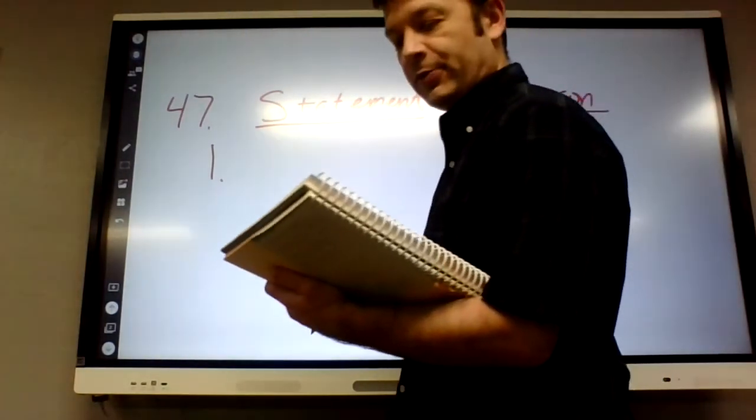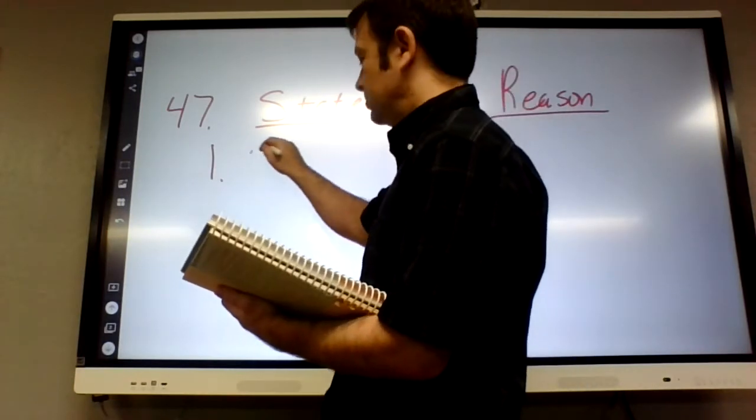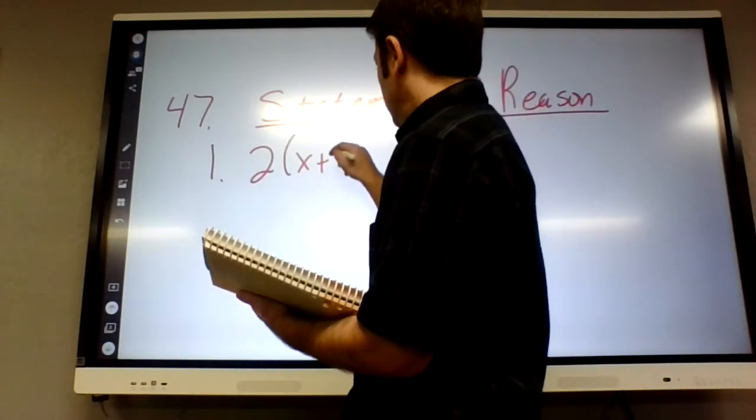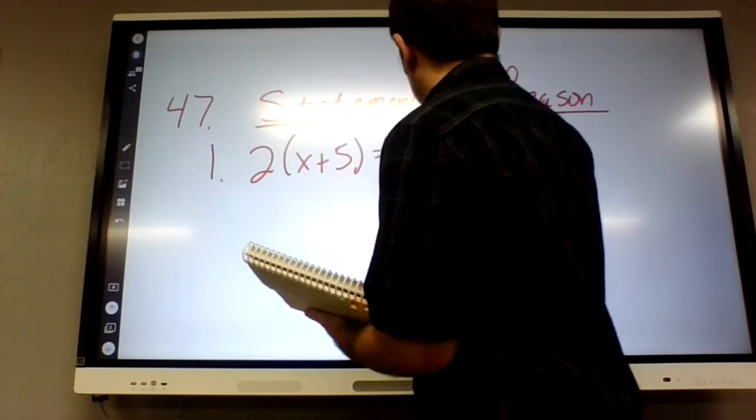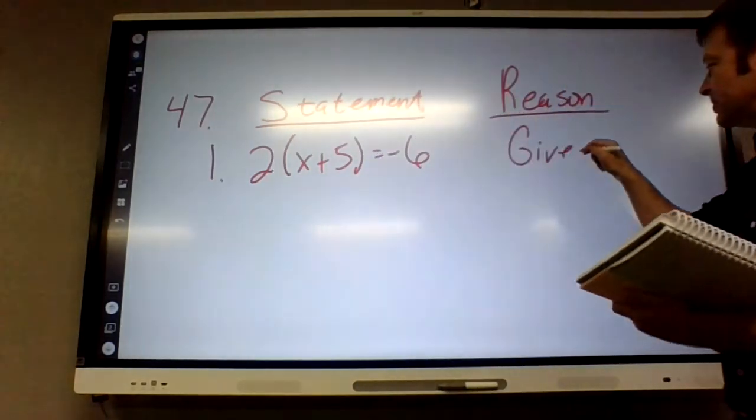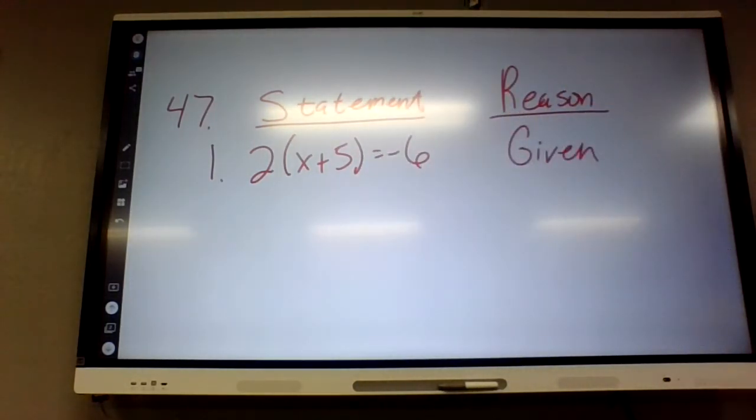And what's given on 47? Reason: given. And we're done when we get to x equals -8, right? Basically solving it, but doing it in proof form instead of like what we did last year.